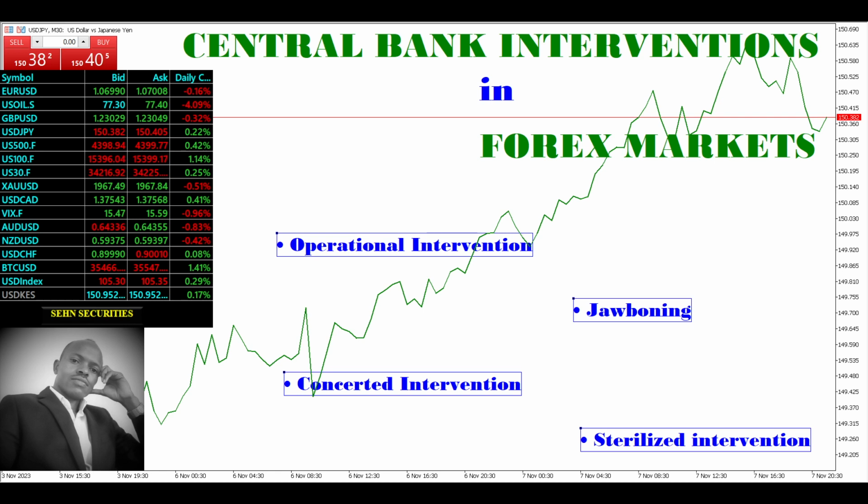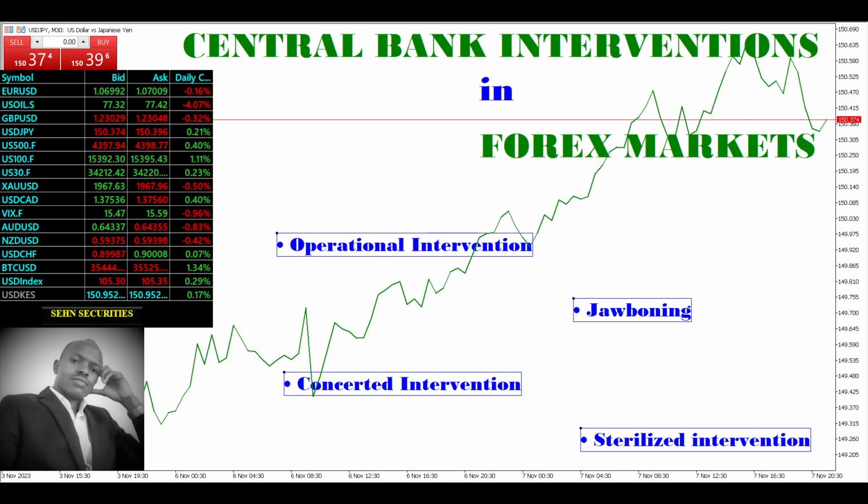The intervention initially caused a drop in the yen's value, but the impact was short-lived. In recent days, the Bank of Japan has been known to intervene whenever the US dollar-Japanese yen pair reaches or trends close to the 150 level, as it is currently.